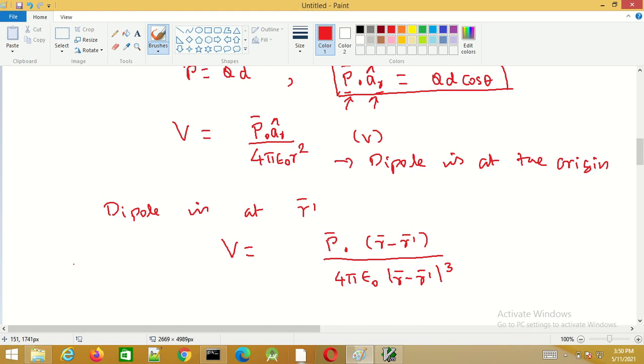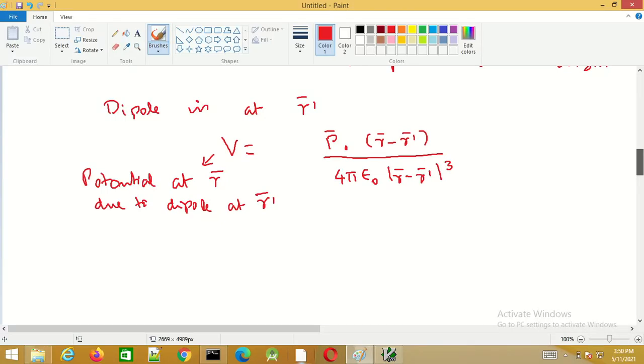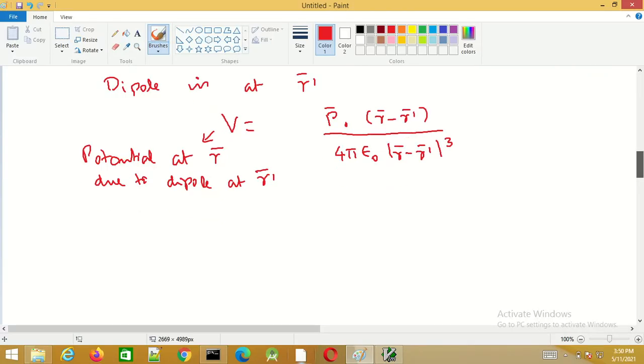So this is the potential at r due to the dipole at r dash.